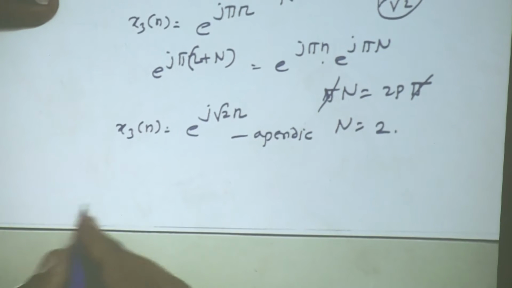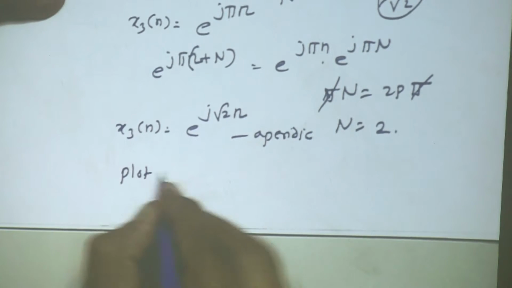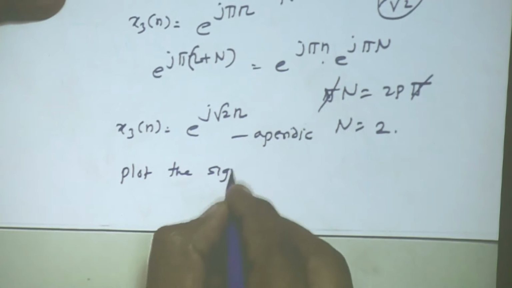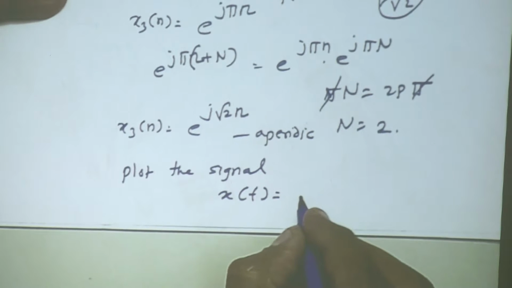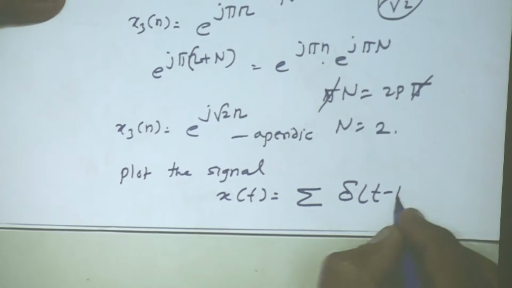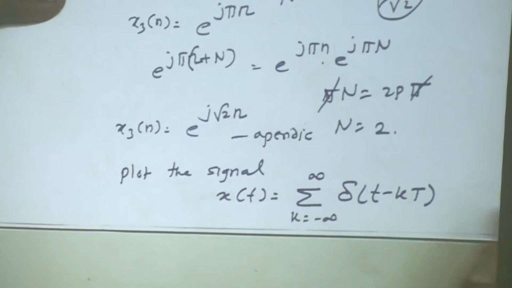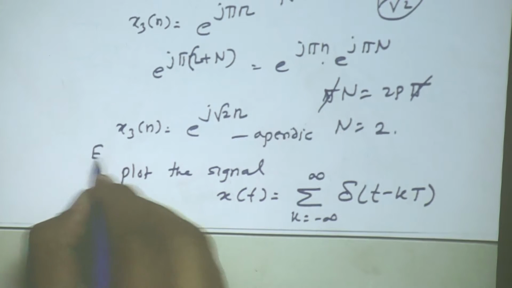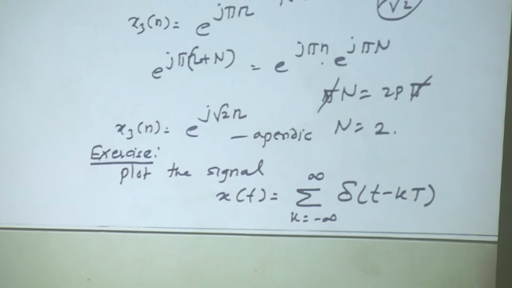A small exercise. Plot the signal x of t is equal to the summation of delta of t minus k T, k going from minus infinity to plus infinity.